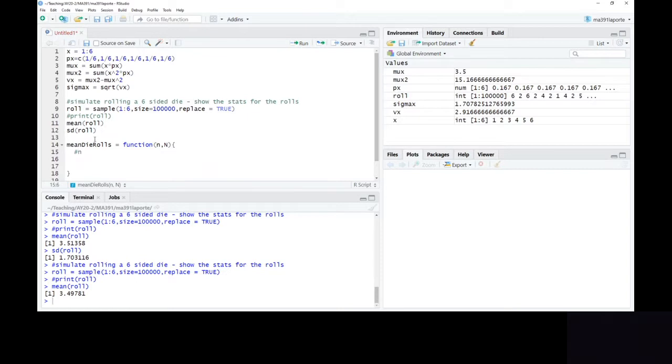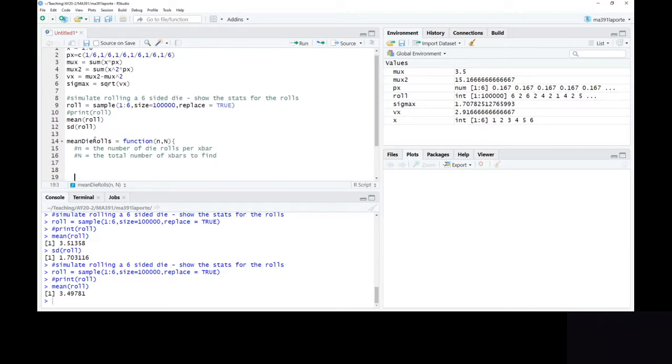So we'll let n, the small n, be the number of die rolls per X bar, and we'll let capital N be the total number of X bars to find. Okay, so all we're going to do is just copy this thing up here, Control.